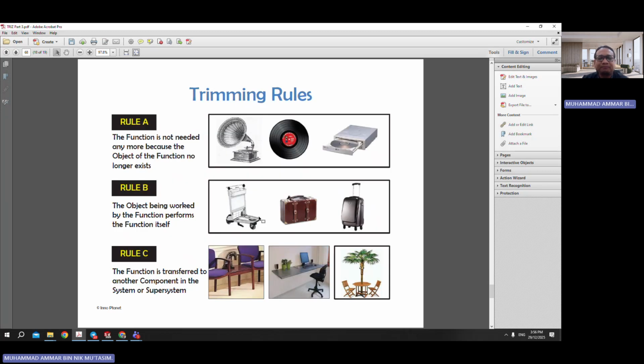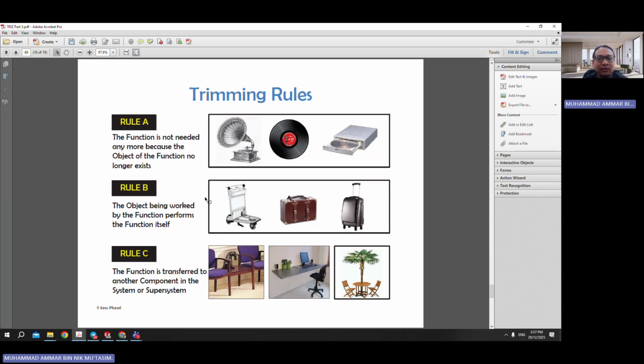For example, there are 3 trimming rules that need to be looked at. The first rule is the function is not needed anymore because the object of the function no longer exists. Okay, the second rule is the object being worked by the function performs the function itself.